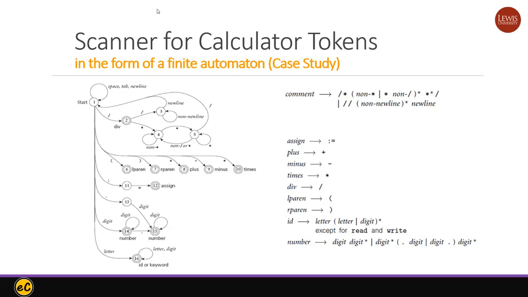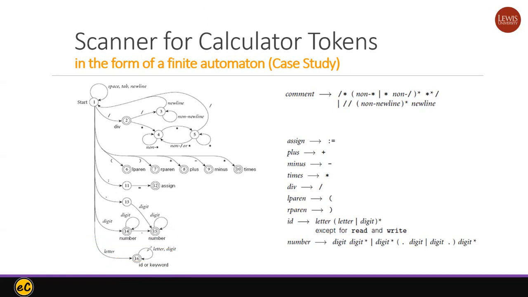Okay, let's assume that we are looking at this grammar tree. Here, a keyword would be a letter followed by letters or digits. That is an ID or keyword. Is that okay?